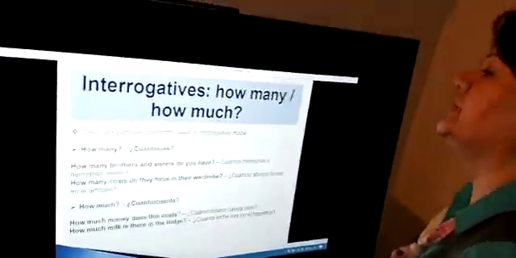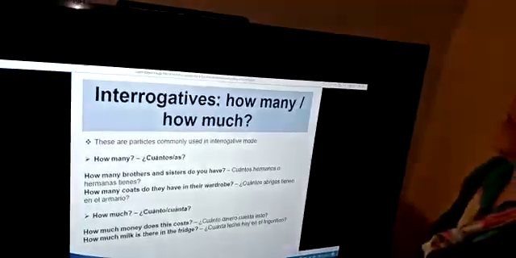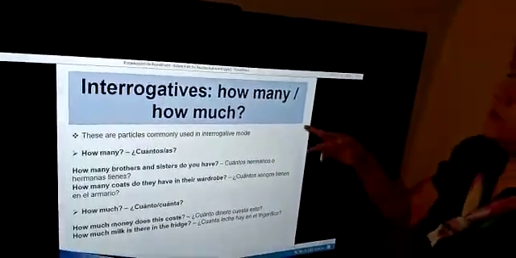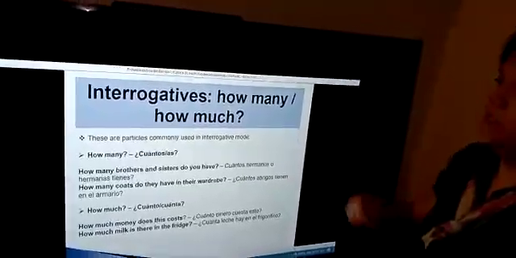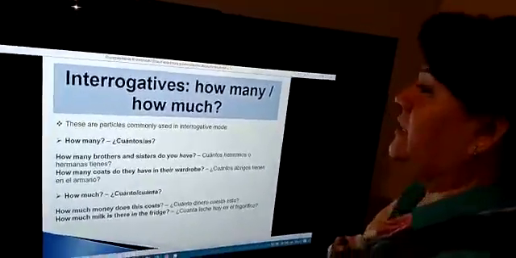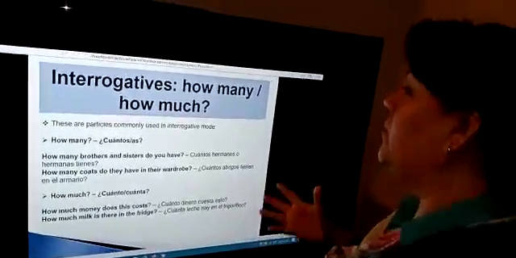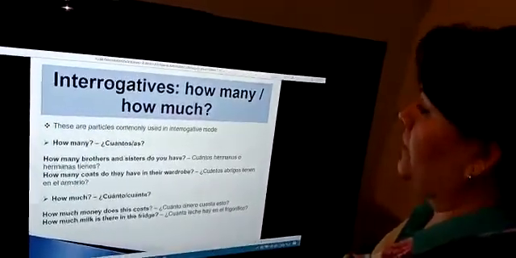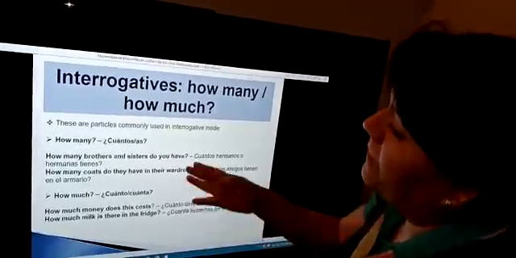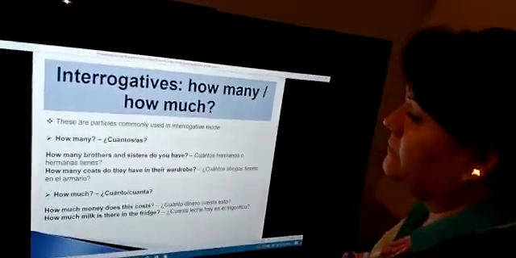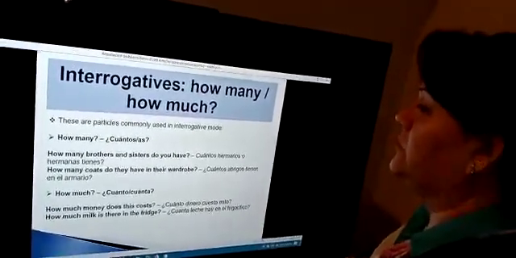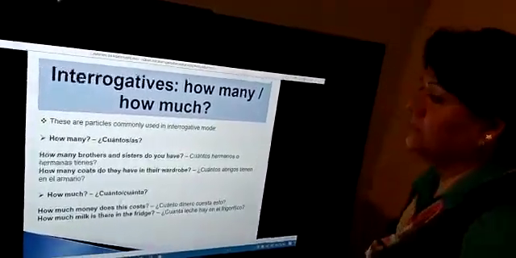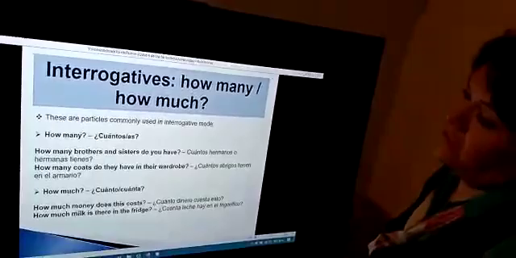Interrogative is how many or how much. These are particles commonly used in the interrogative form. How do you say how many in Spanish? Cuántos o cuántas. Okay, let's see the example.